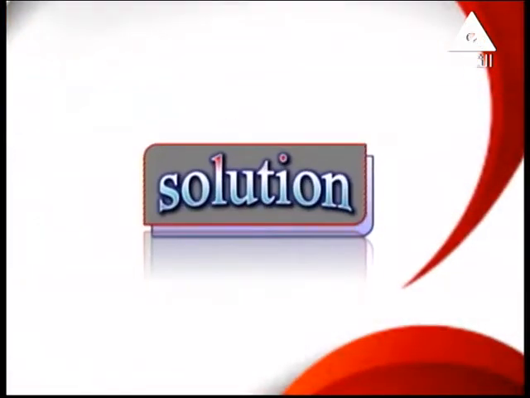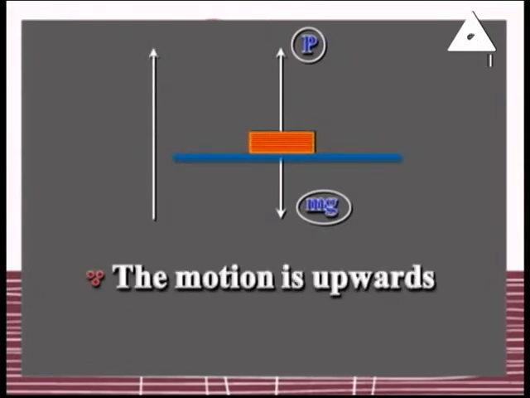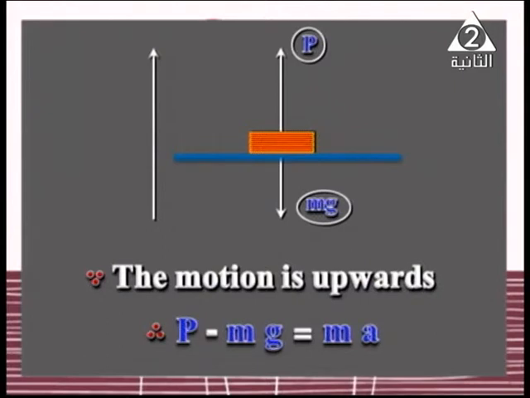My dear student, look at the body inside the lift. The body has weight mg, and pressure B. The motion is upward. What is the equation, my dear student? Excellent. B minus mg equals ma. A is acceleration, B is the pressure or reaction of the lift on the body.